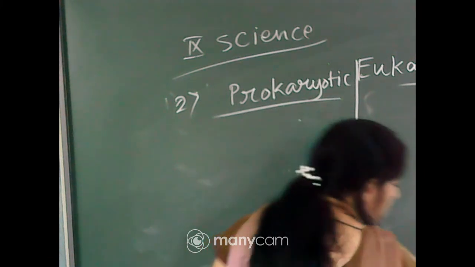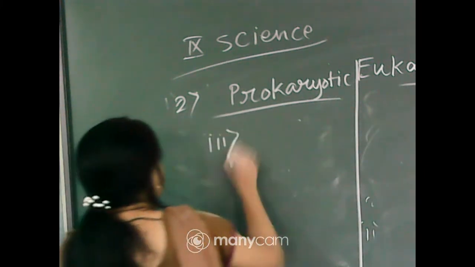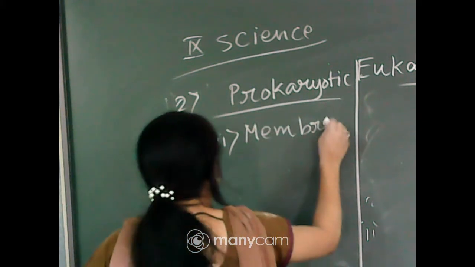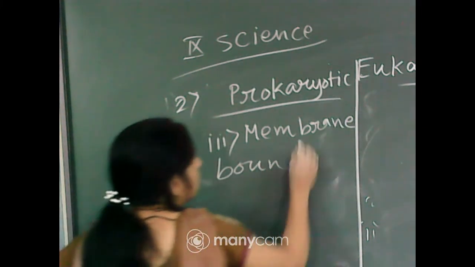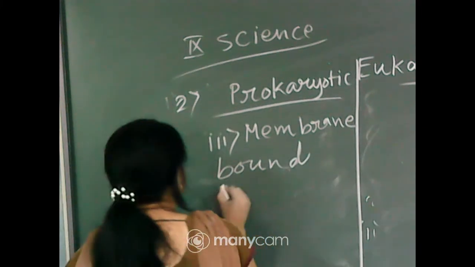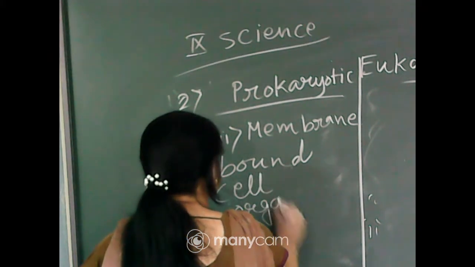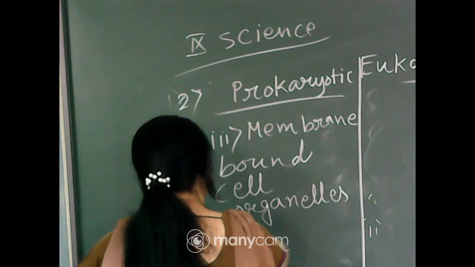Or you can write number 3: membrane bound cell organelles are absent.